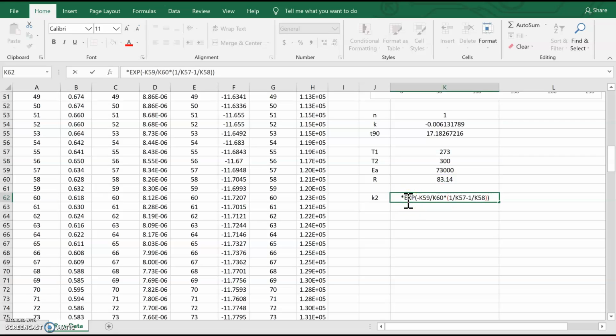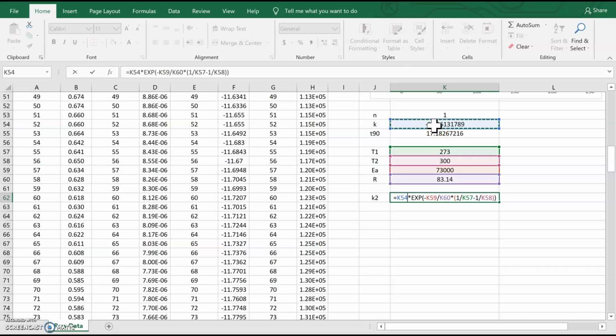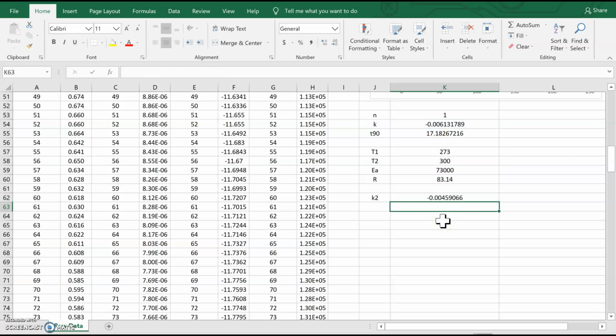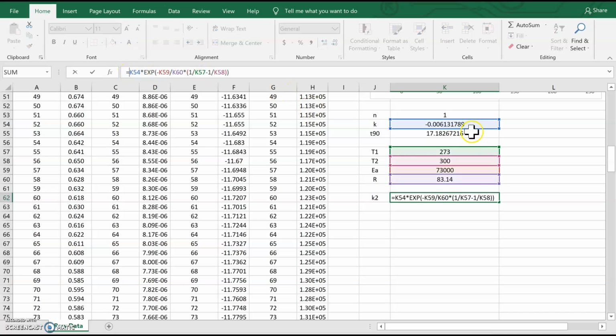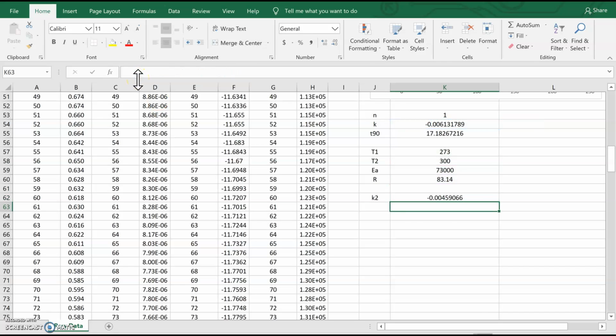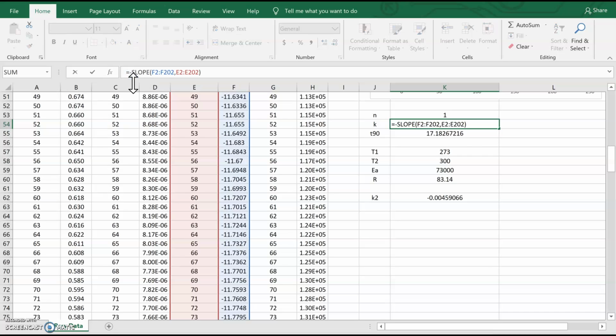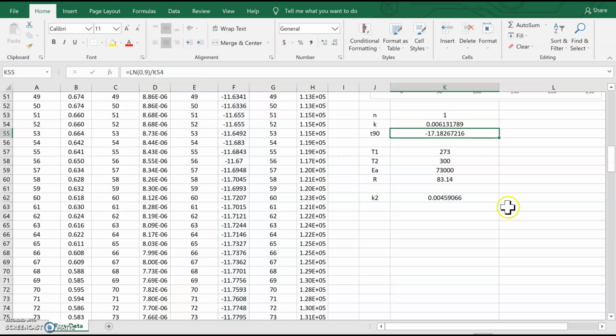This should have been equals this constant times all that stuff. Okay, and I need a negative sign up here. I think I needed a negative sign. Equals negative slope. And then this also needed a negative.